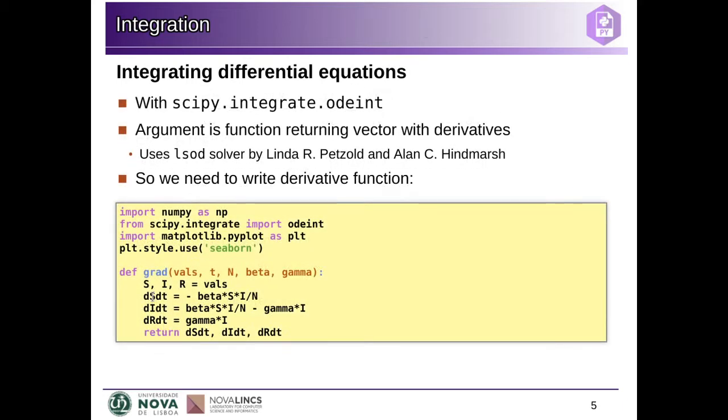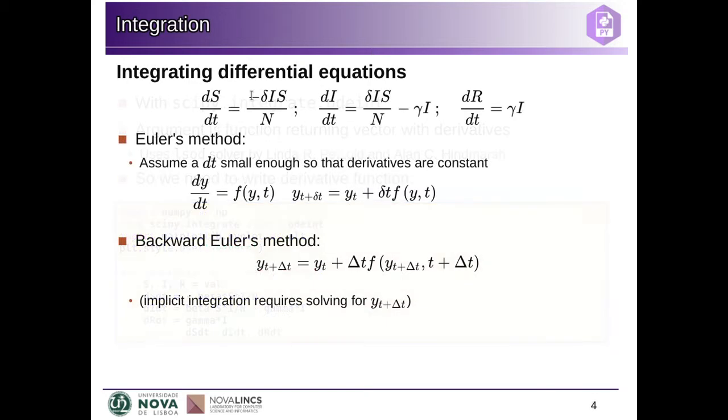So here is just the expression. The derivative of S, the susceptible population with respect to time, is minus beta S i divided by N. So this is basically our first expression here.